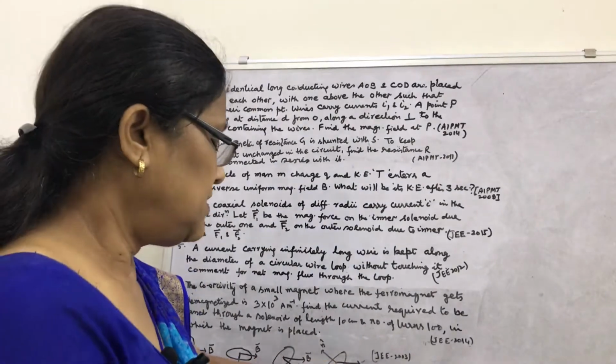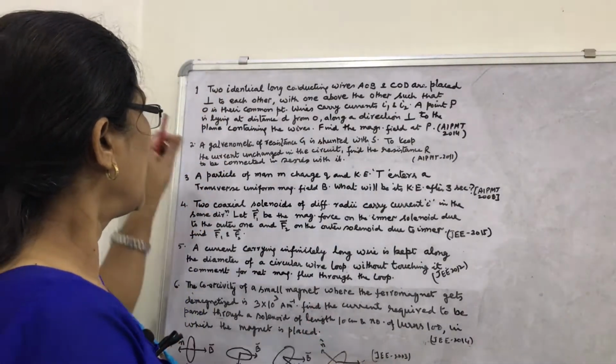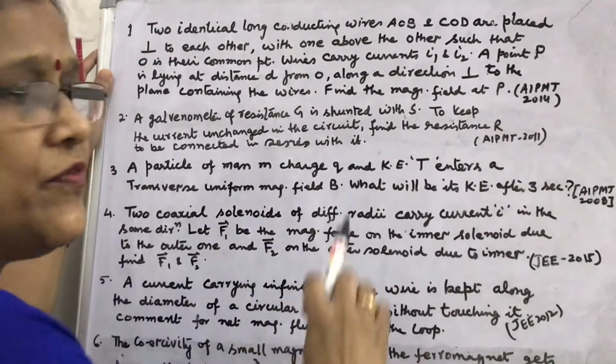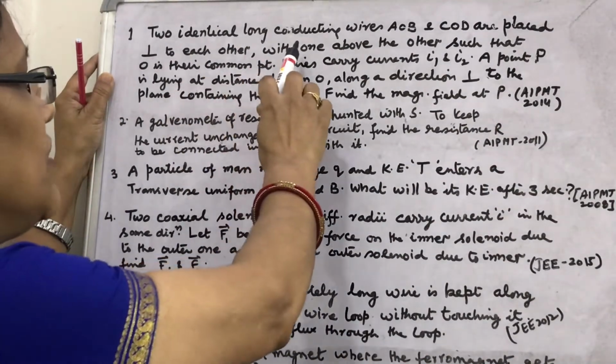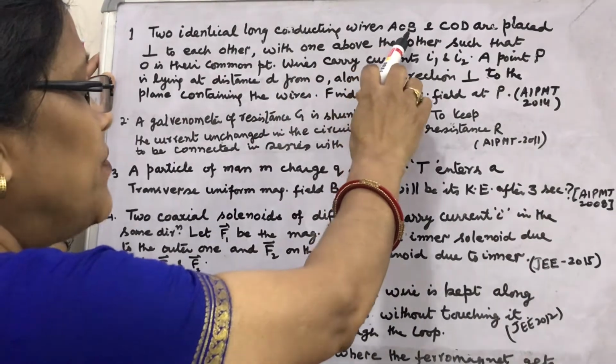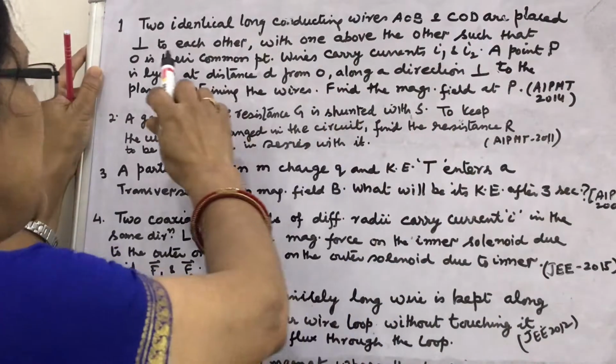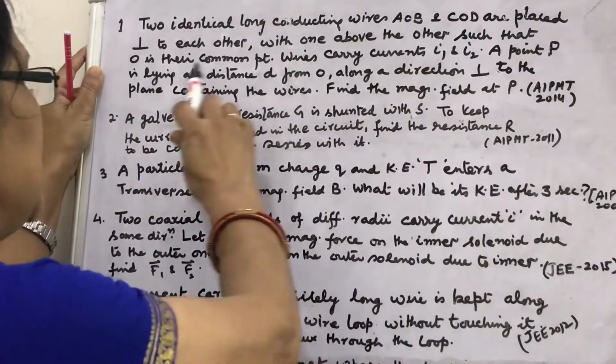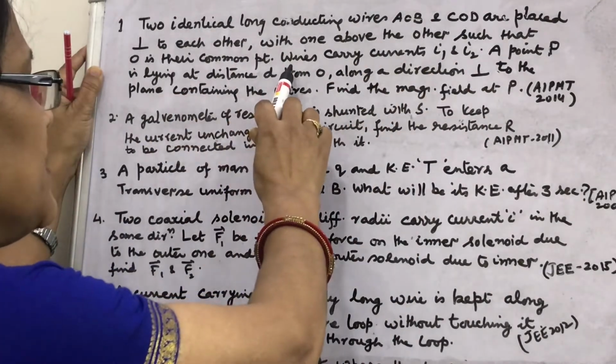Look at the first question. This was asked in AIPMT 2014. Two identical long conducting wires AOB and COD are placed perpendicular to each other, with one above the other, such that O is their common point.